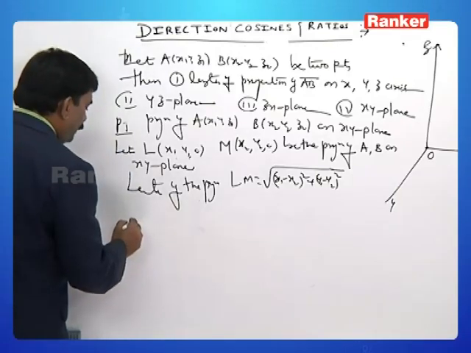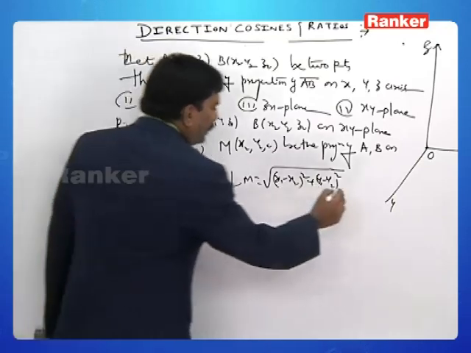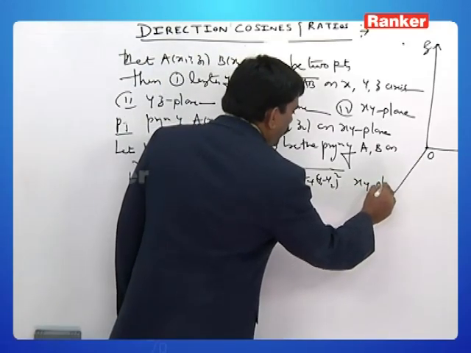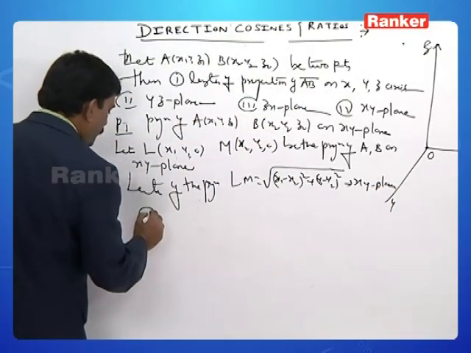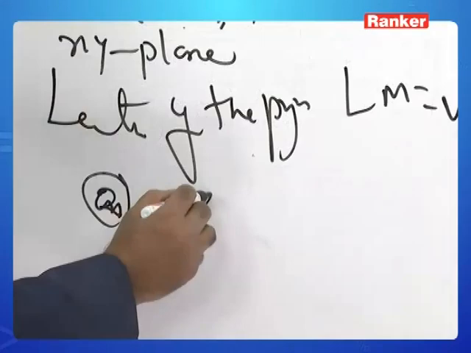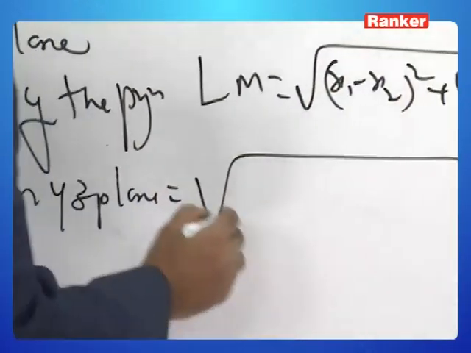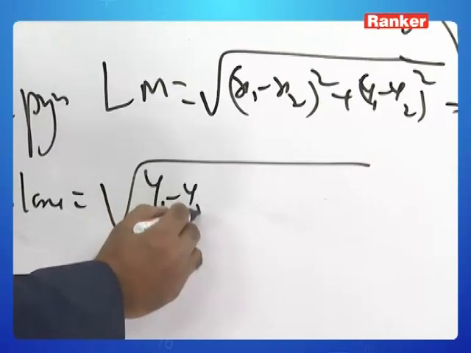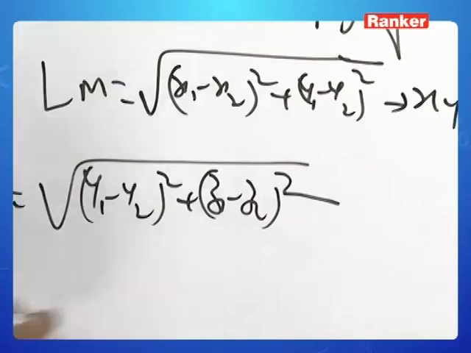Similarly, the length of the projection on the xy plane. This is the xy plane, right? The second one is on the yz plane. On the yz plane, I can write this one as y1 minus y2 whole square, z1 minus z2 whole square.